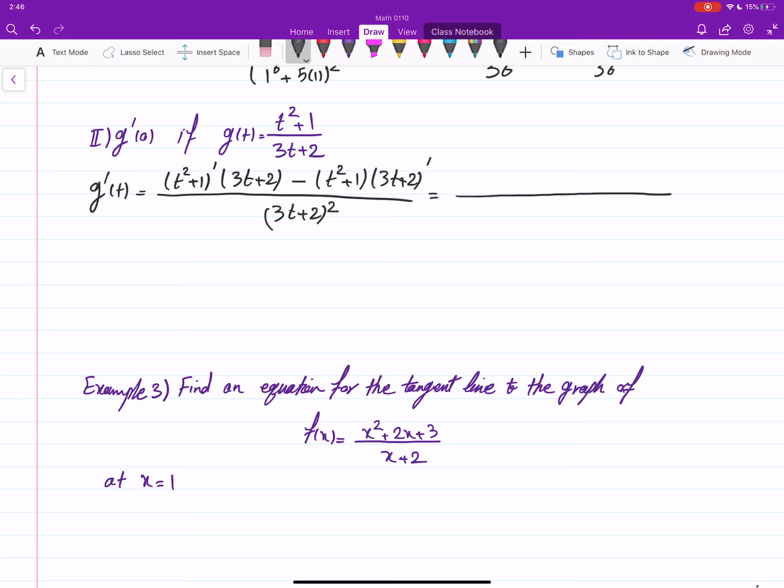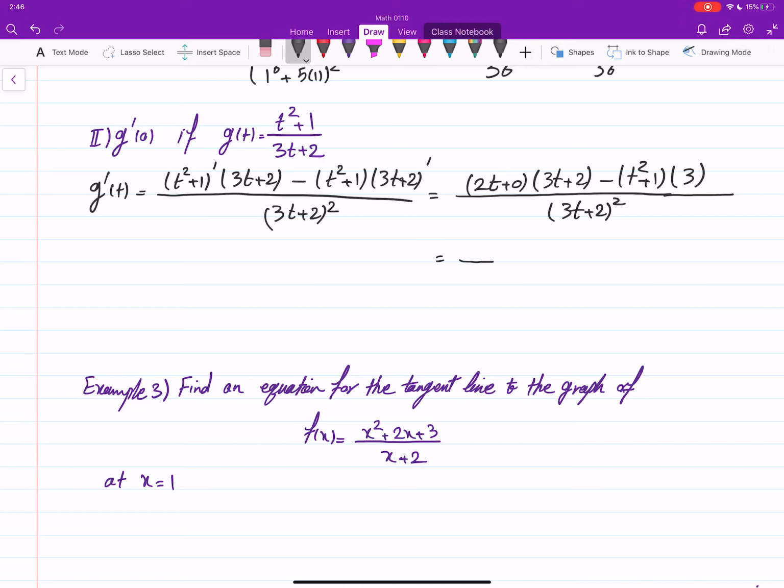That gives me the derivative of t squared plus 1, which is 2t plus 0, times 3t plus 2, minus t squared plus 1 times the derivative of the denominator. The denominator is 3t plus 2, and its derivative is 3, over 3t plus 2 squared.